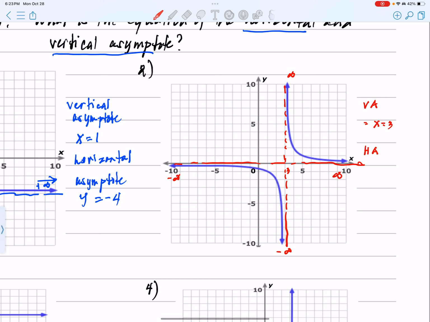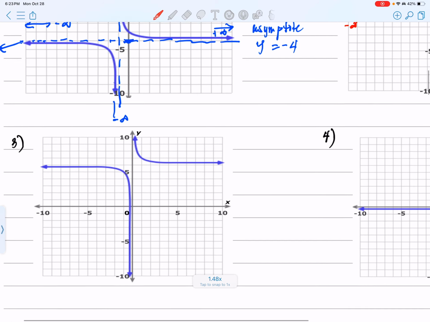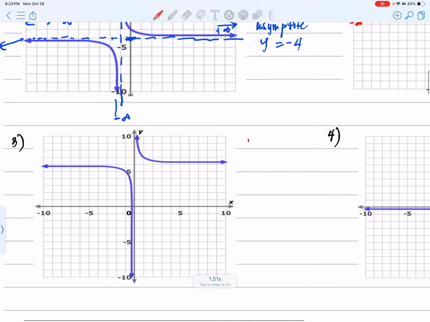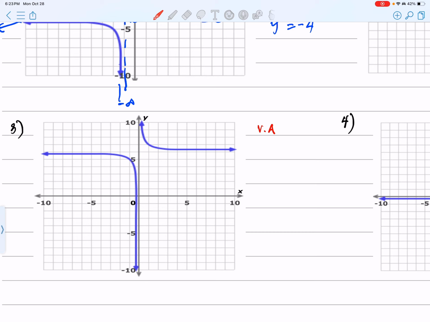Okay, so y is equal to 0. Okay, let's do this. Vertical asymptote. Okay, we can have this vertical asymptote right here. So when x is 0.